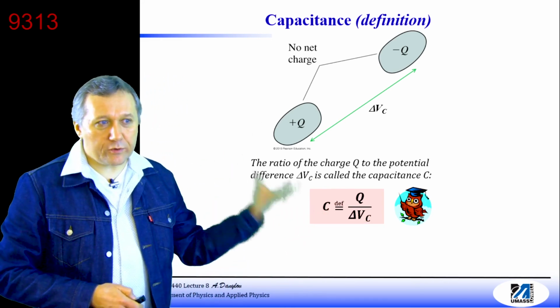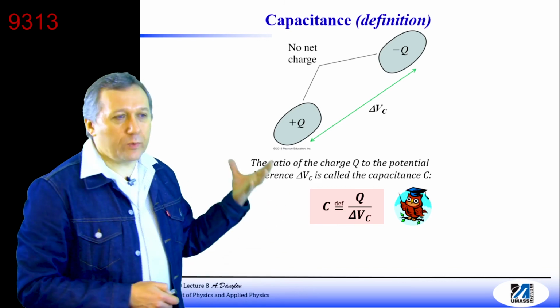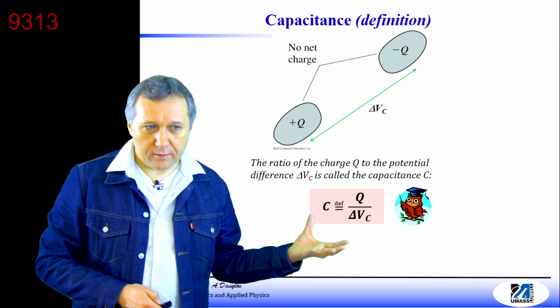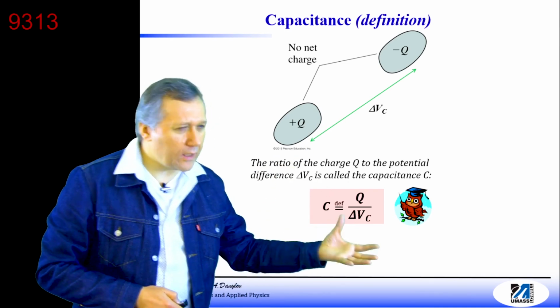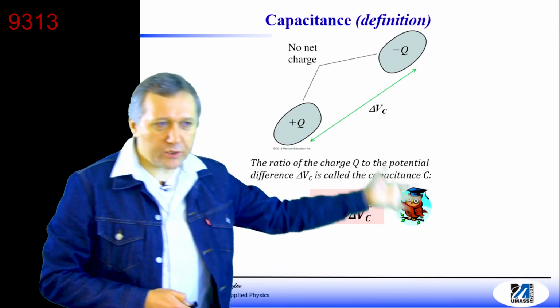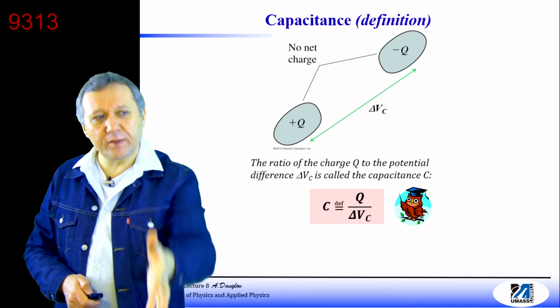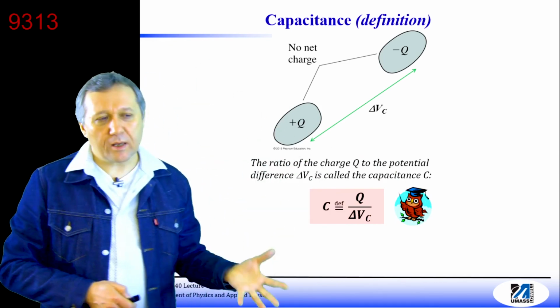And of course, since we introduced a new quantity, should we introduce a special unit for that? Yes, it makes sense, because capacitance is used a lot. Everyone, starting from technicians, engineers, experimentalists, uses capacitance a lot.